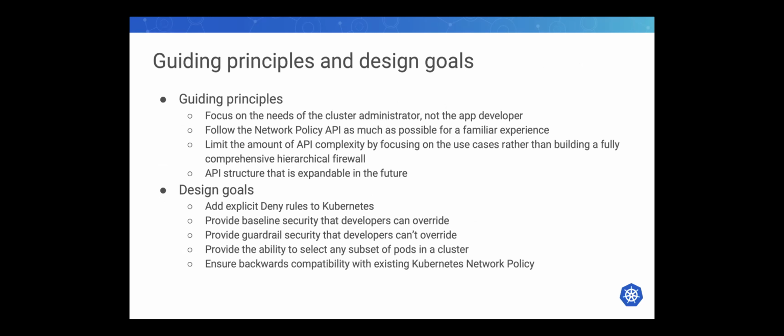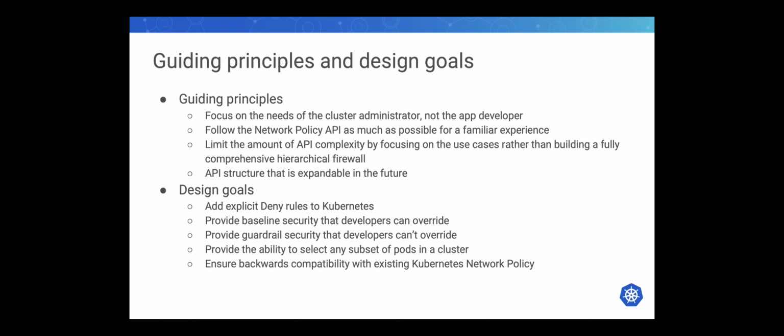Now, having those use cases in mind and the motivation for a new resource, when we started out writing the spec for a cluster scope policy, there were certain guiding principles that we tried to adhere to. Those were the design goals that we wanted to achieve at the end of this proposal. Our guiding principle was that we need to focus on the needs of a cluster administrator and not the app developer.